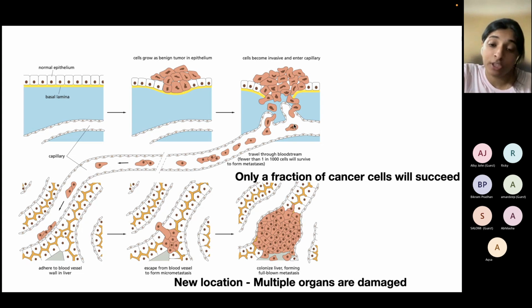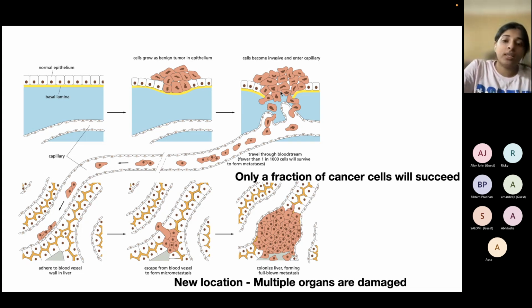And even after it enters into the bloodstream, there are a large amount of immune cells and a large amount of killing mechanisms present in the blood, by which it is estimated that fewer than 1 in 1,000 cells entering into the bloodstream will ultimately be able to successfully colonize a new tissue. So the chances of these cancer cells succeeding is very, very, very low.